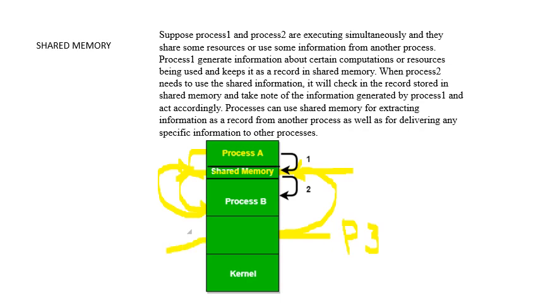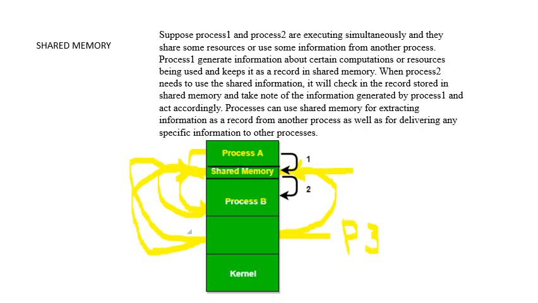If it requires the information stored by process A or process B, it can directly go to the shared memory and access whichever data is present, either saved by process A or stored by process B. It can extract and utilize this data, execute, and then again go back and store it into the shared memory.